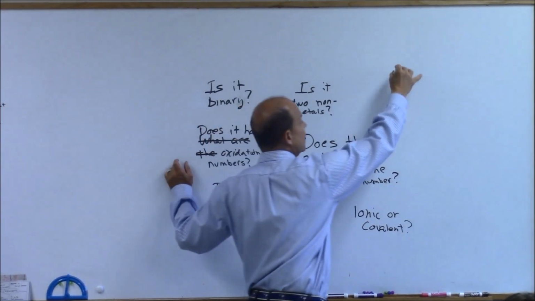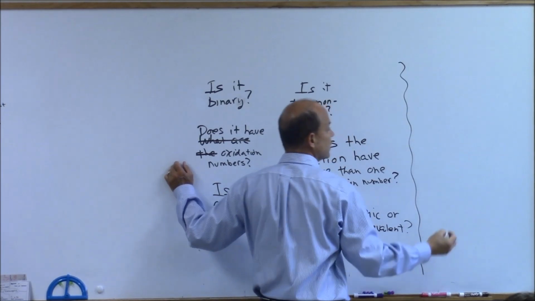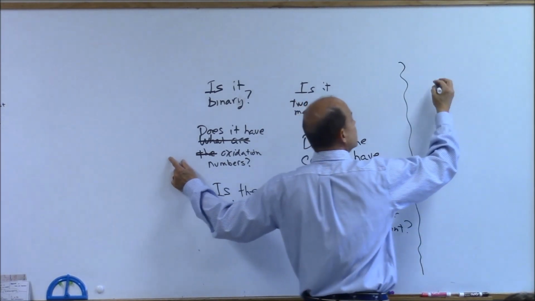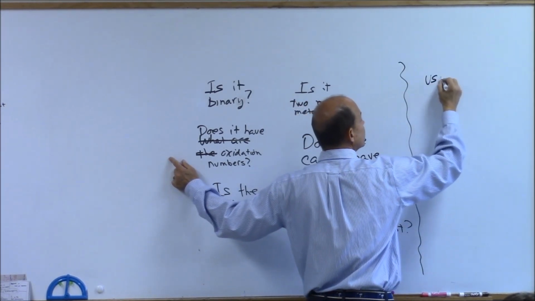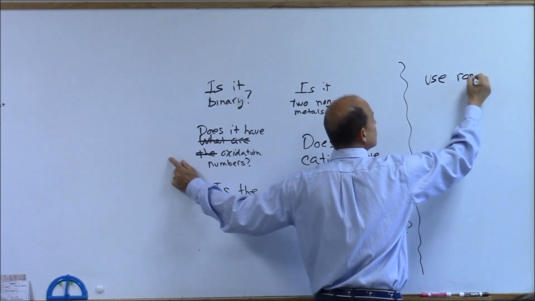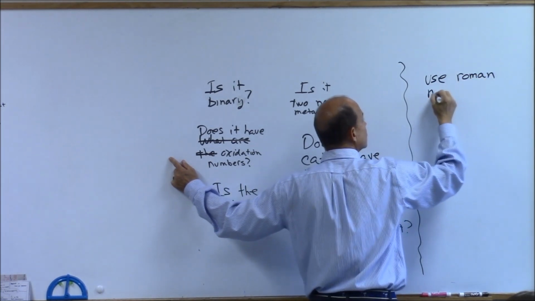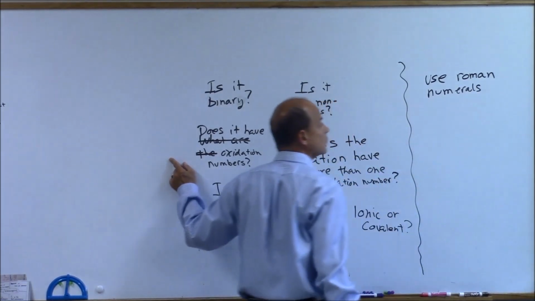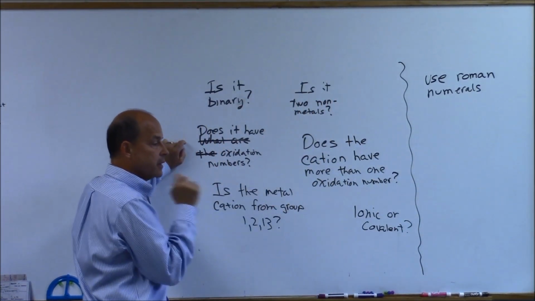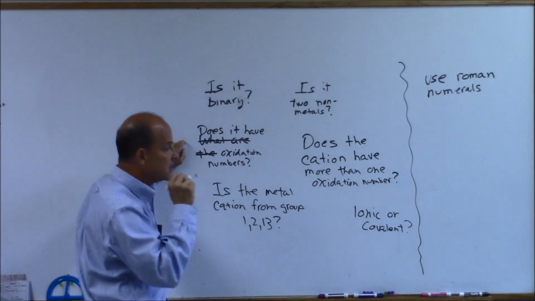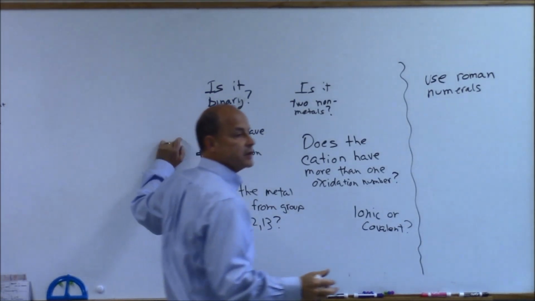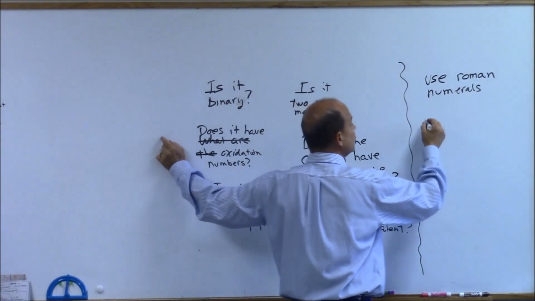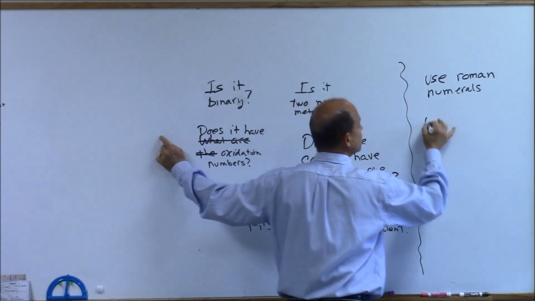Okay, so I'm going to draw a little boundary here. Use Roman numerals. Okay. What do you got, Kemez? Is part of it on the polyatomic ion system? Okay, so use polyatomic names.